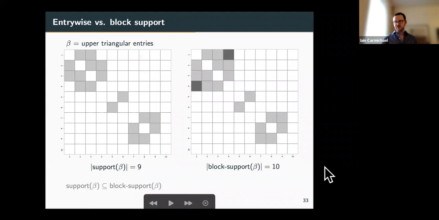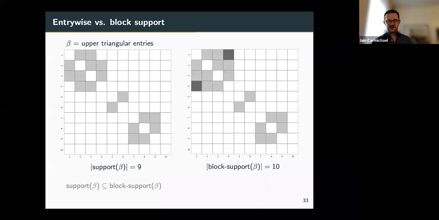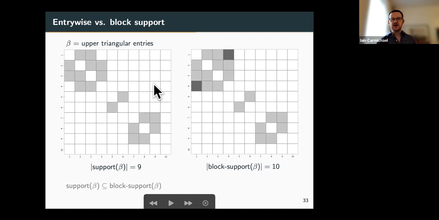Now I need to introduce a couple more technicalities. If I give you a vector, we can all agree on what the support of that vector is, and I need a slight generalization of the support, namely the block support. So let's say our vector beta is the upper triangular entries of this matrix on the left. Here the white squares correspond to 0 and the gray corresponds to non-zero entries.